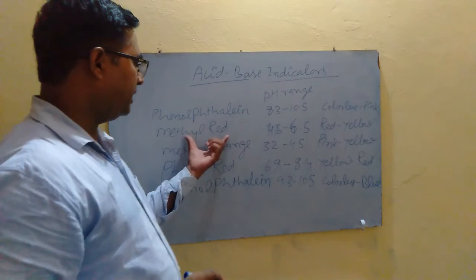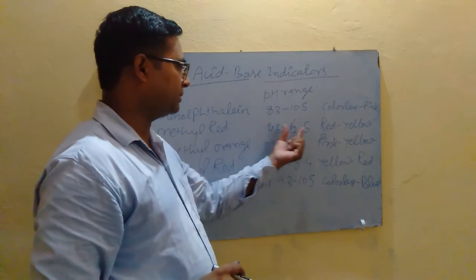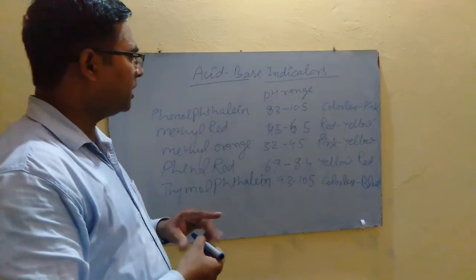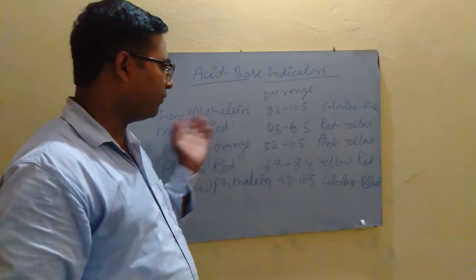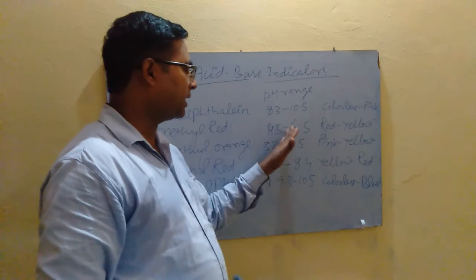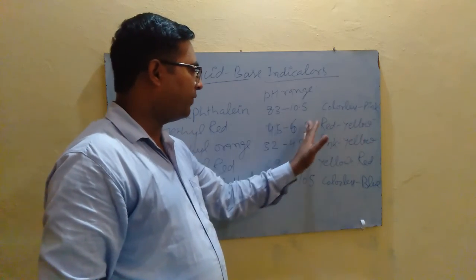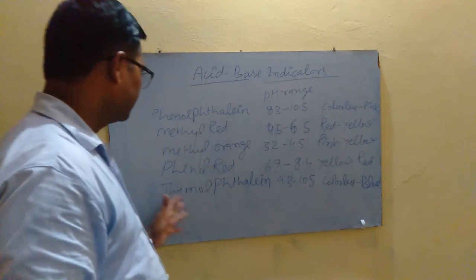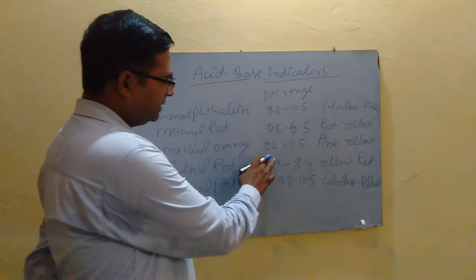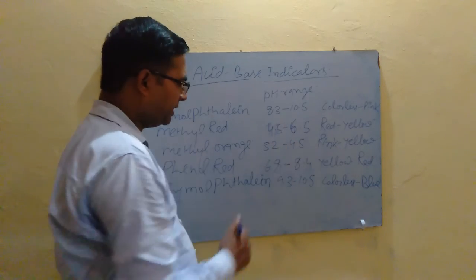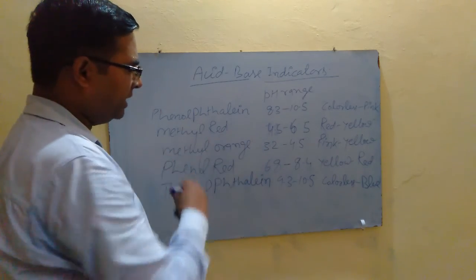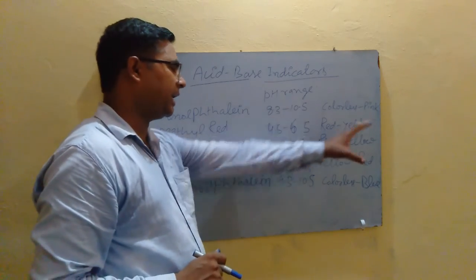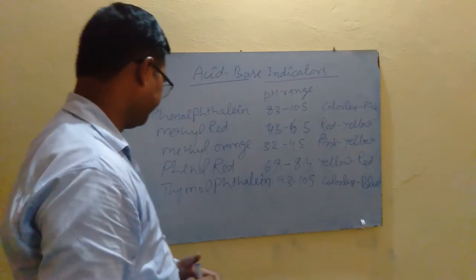Similarly, methyl red, its pH range is 4.5 to 6.5. It means that the color of methyl red is red before pH 4.5 and its color is yellow after pH 6.5. Methyl orange, its pH range is 3.2 to 4.5. It means its color is pink before pH 3.2 and its color is yellow after pH 4.5.